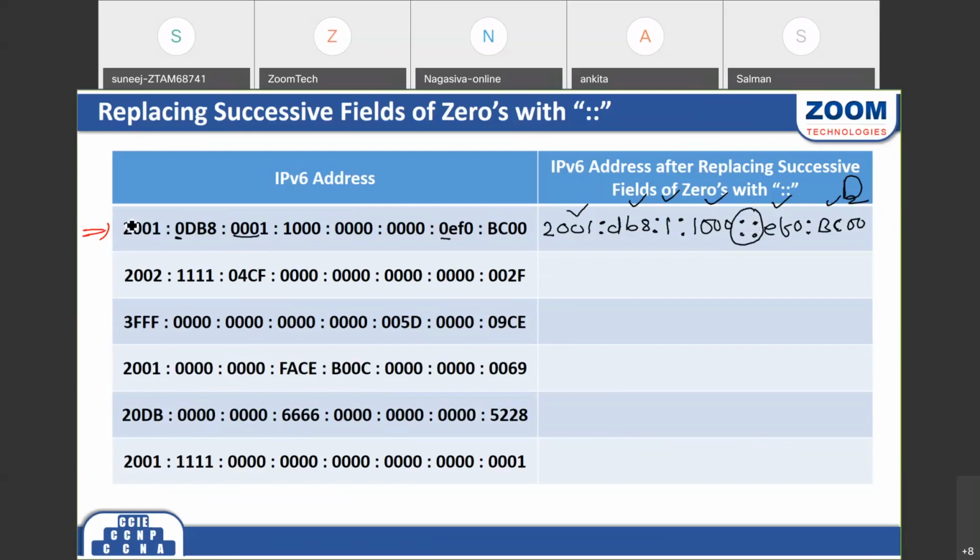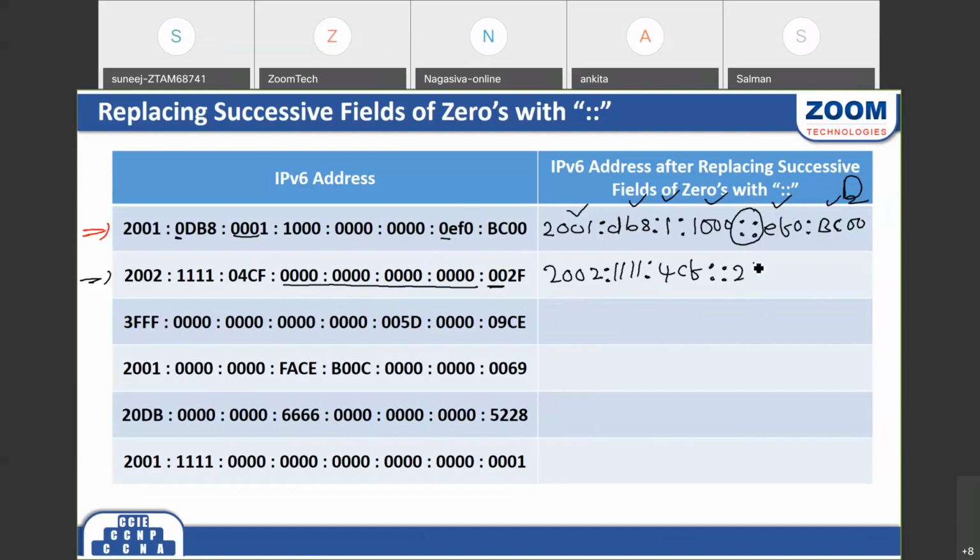Now, next example, 2002 colon 1111 colon 4CF. Like all fields, multiple fields of zeros can be represented with a double colon. And finally, two leading zeros you can omit.